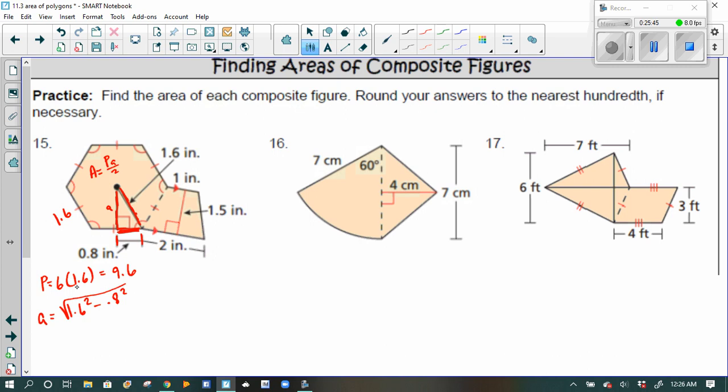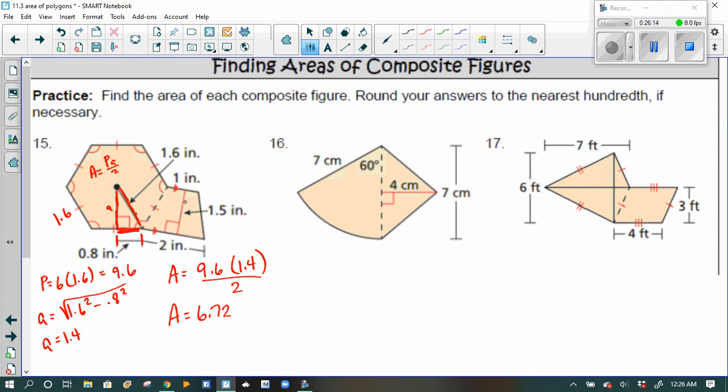Take the square root. It's 1.4. So the apothem is 1.4. All right. So the area of the hexagon is perimeter times apothem divided by 2. So 9.6 times 1.4 divided by 2 is 6.72.